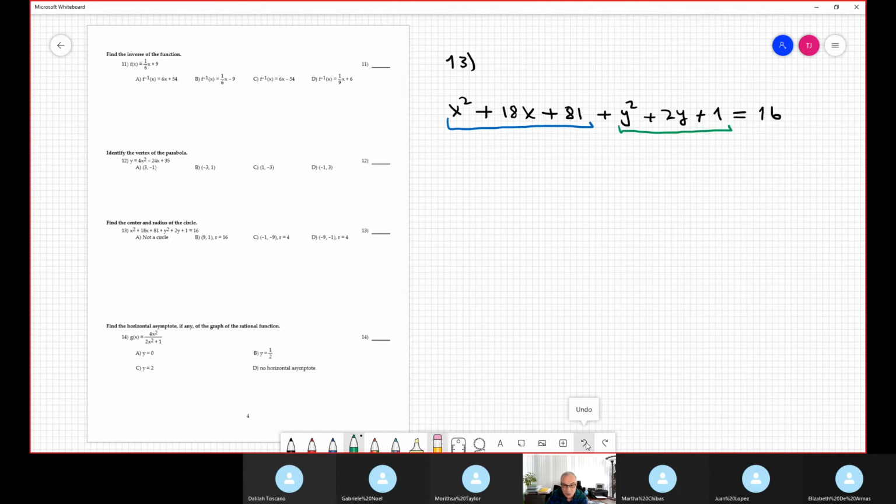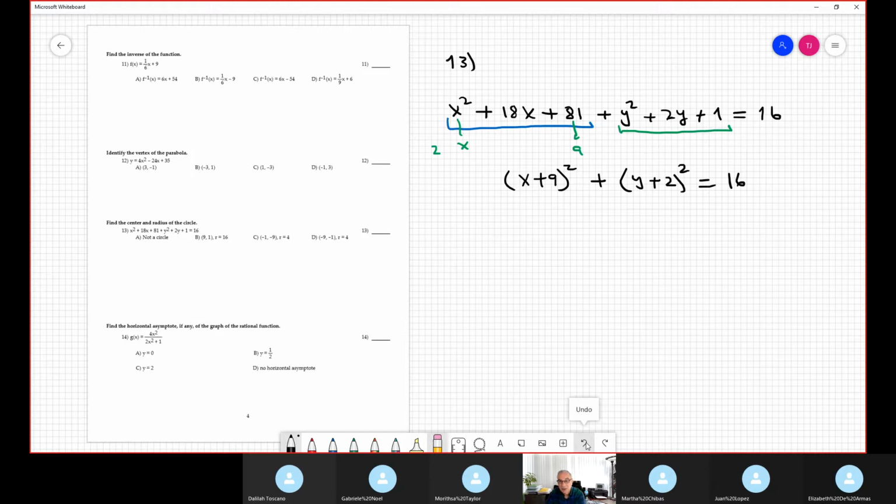Some people make it complicated with completing the square. How do you know it's a perfect square? The square root of 81 is 9, the square root of x squared is x, and 9x times 2 is 18x. See, it's exactly the same. The factorization is just (x plus 9) squared. This is similar: y times 1 times 2 is 2y. So plus (y plus 1) squared equals 16.